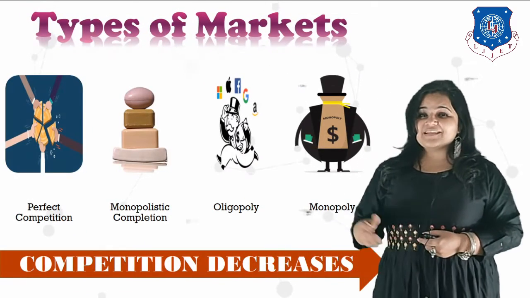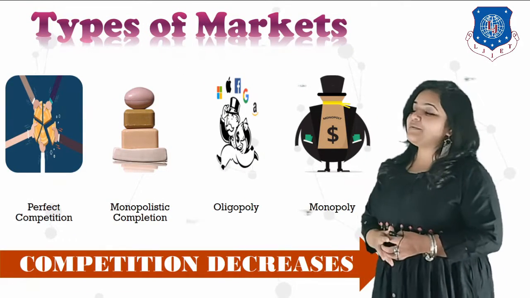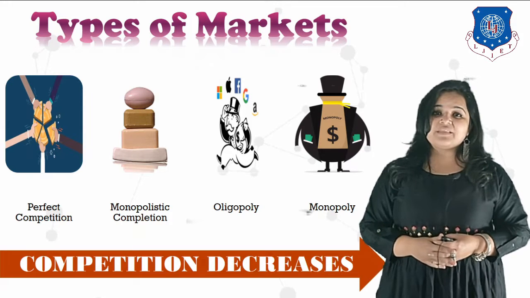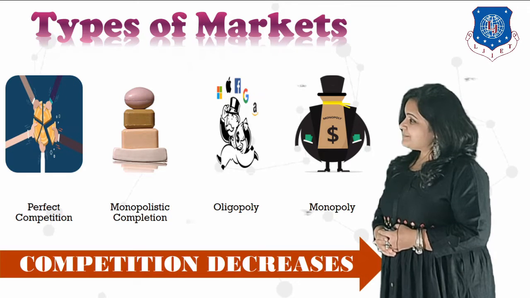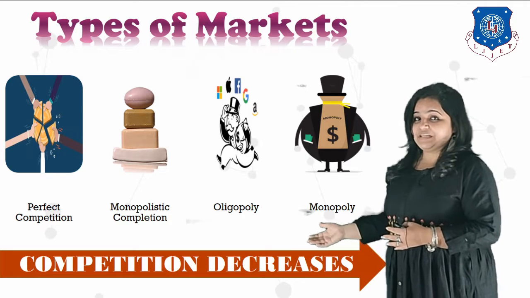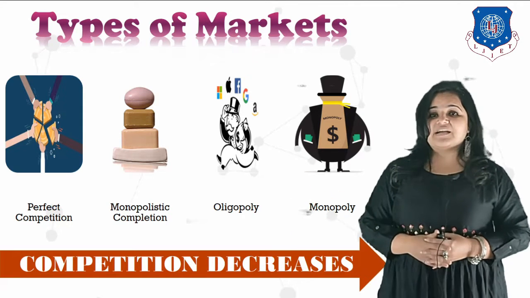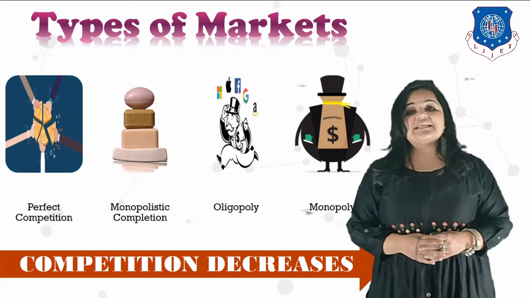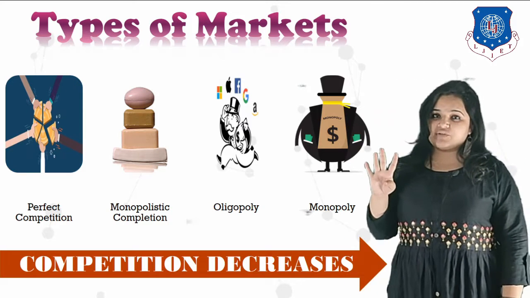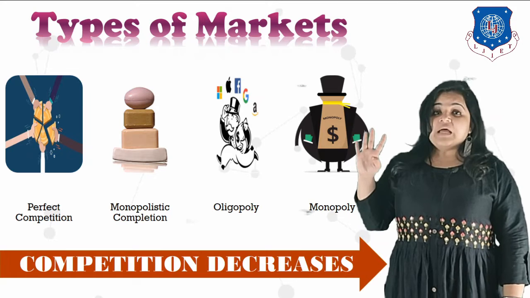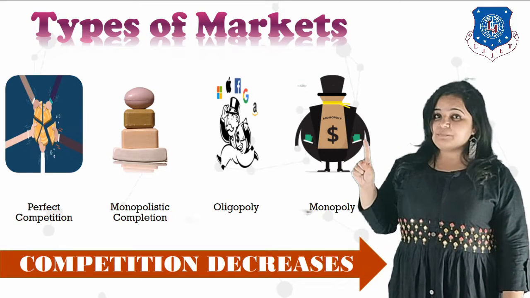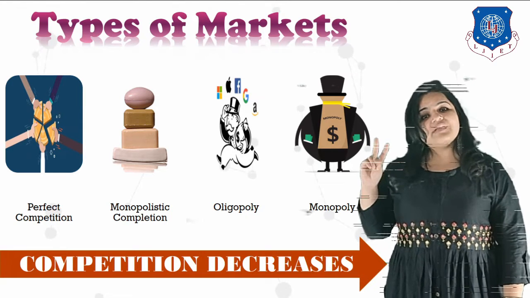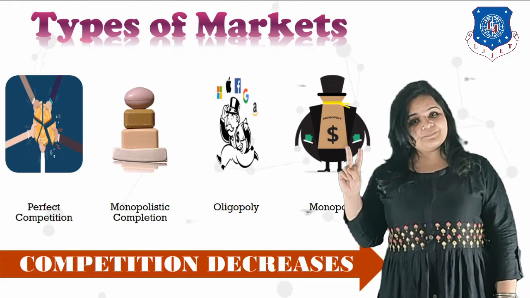Moving further, let us try to know what are the types of markets based upon the type of competition. Students, as the competition decreases, the type of market changes. Basically, there are four types of market. The most competitive one is perfect competition. After that, we have monopolistic competition.